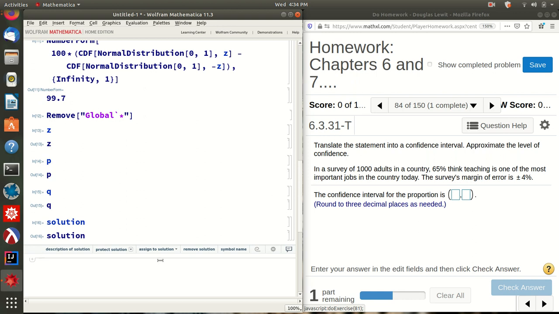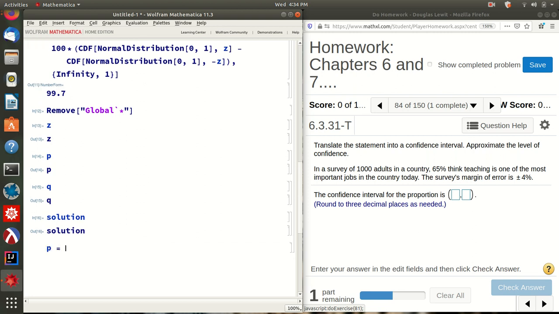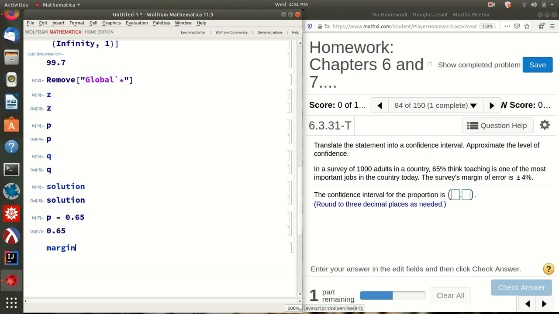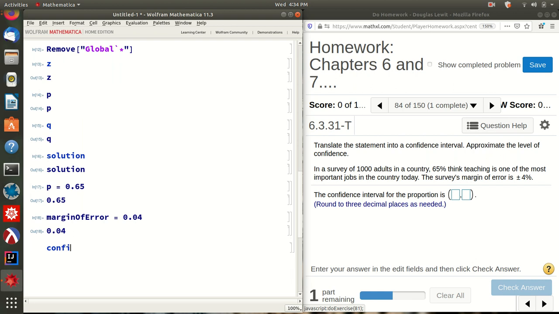So the confidence interval for the proportion is, okay, so P, the proportion, is 0.65, right? Margin of error is 0.04, okay? So my confidence interval is P minus margin of error, okay, and P plus margin of error.